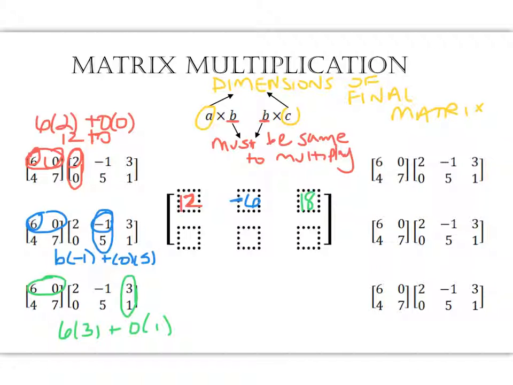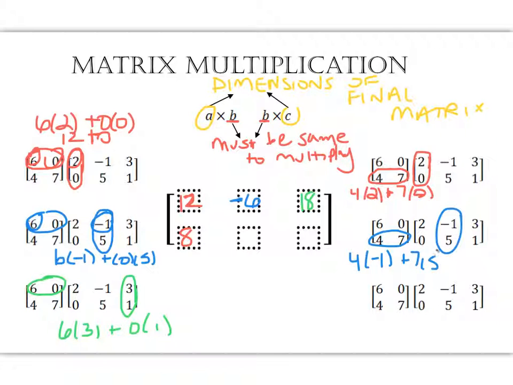Now I'm going to repeat the same process, but I'm going to use the second row every time. So second row, first column, 4 times 2 plus 7 times 0. So 4 times 2 is 8, and then 7 times 0 is 0. Second row, second column, 4 times -1 plus 7 times 5.